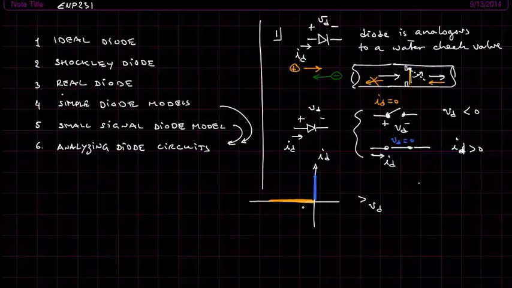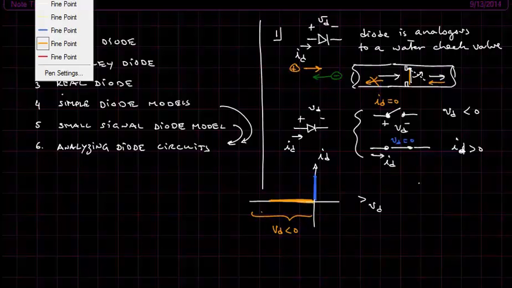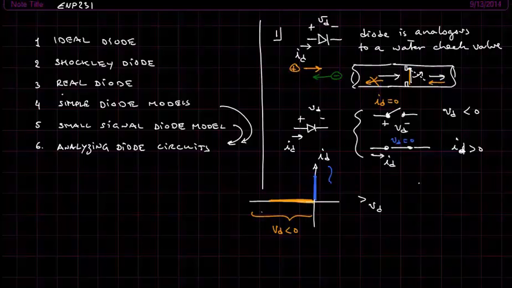Okay, and in this range we have VD is less than 0, and in this range here we have ID is greater than 0. All right, so that's our ideal diode.